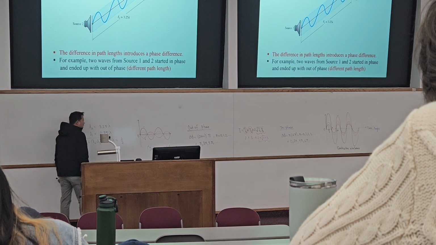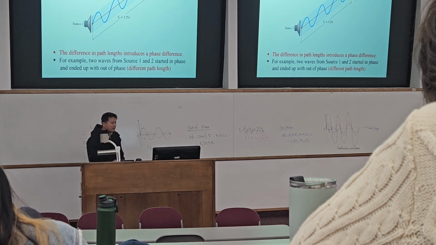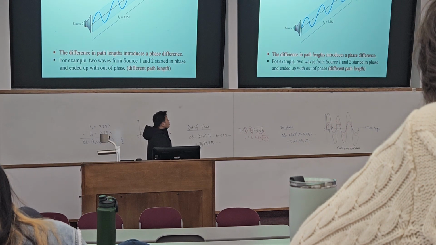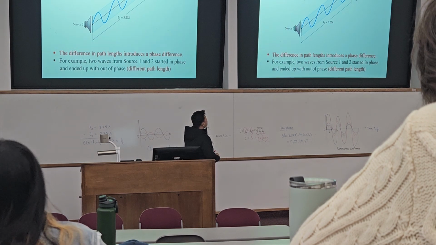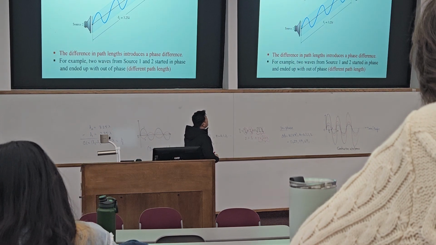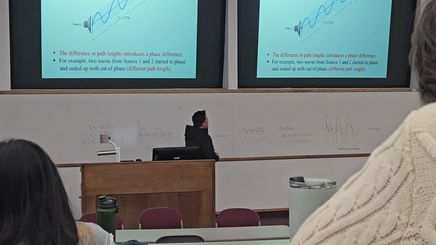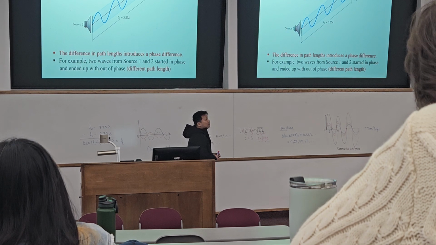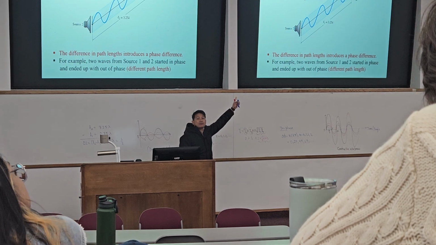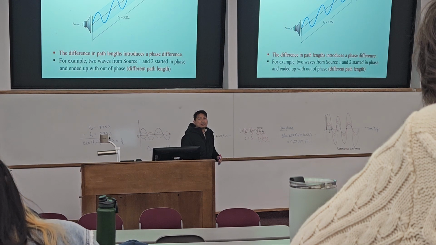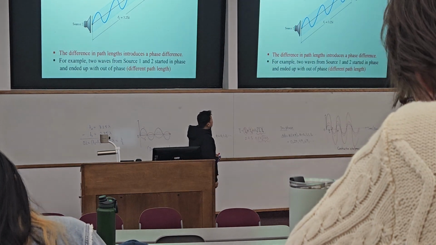Lambda is the wavelength of the light, or the wavelength of the sound over here. So when the sound reaches the point where you are standing, source one has a minimum there, but source two has a maximum.